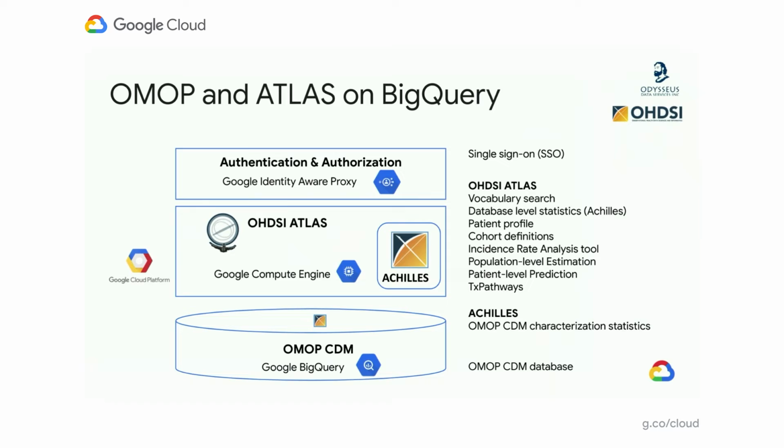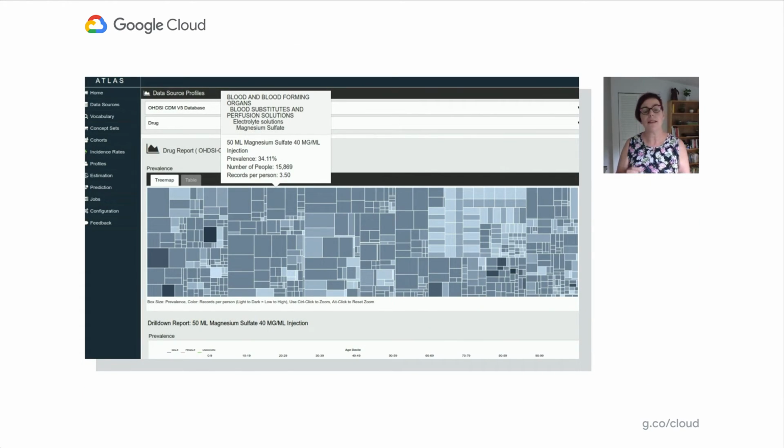So understanding the terminologies, the vocabularies, looking at database level statistics, understanding your patient profiles, and looking at your cohort definitions using the Atlas tool, all directly on top of BigQuery. This is an example of the Atlas Cohort Manager tool, looking at the prevalence of medications in this data set and understanding the different medications and their prevalence.